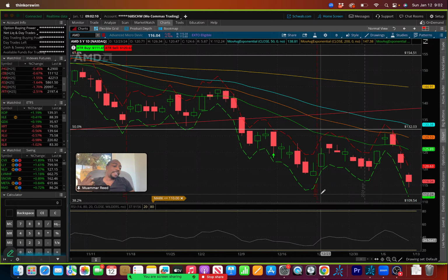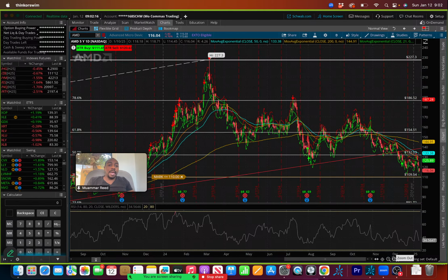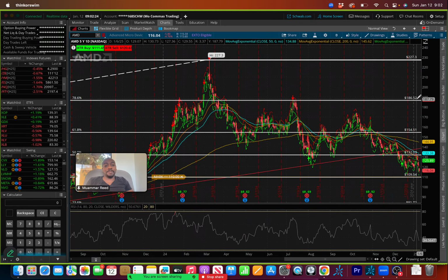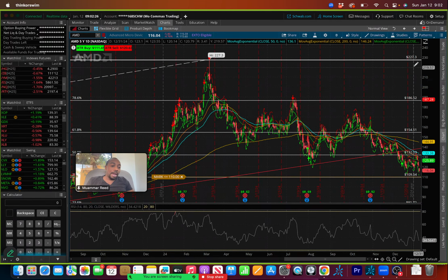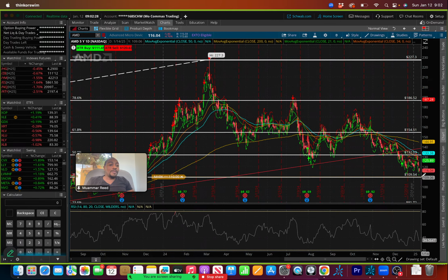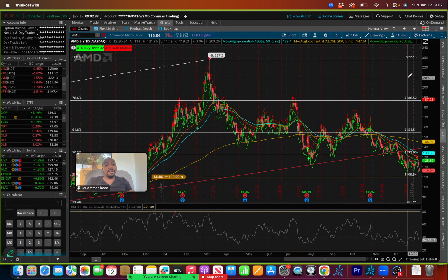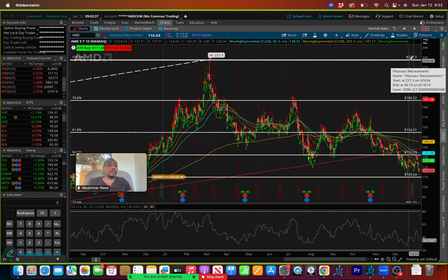So I like them as a secondary player, and I just showed you their finances and their balance sheet. They're growing revenue. So I'm seeing a divergence between price and them actually growing revenue. So at some point in time, I think they can get back up to this 186 price, 200 price, right? And if I go from 110 to like 186 to 200, I can make really good money from there, even if it doesn't get back to its all-time high.